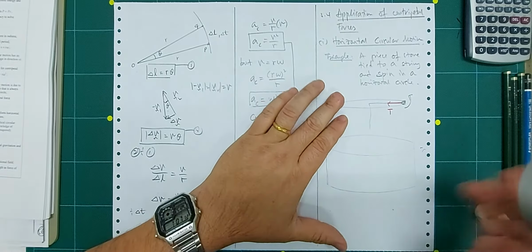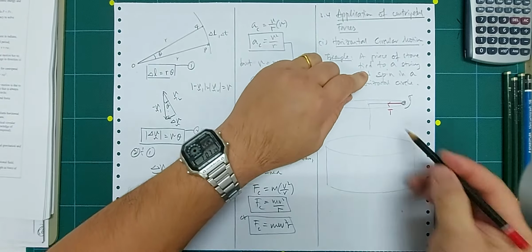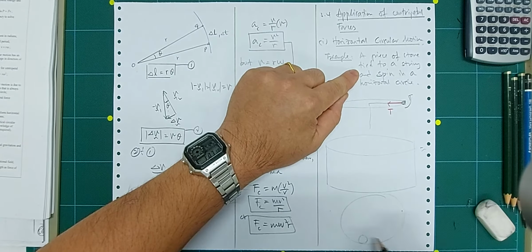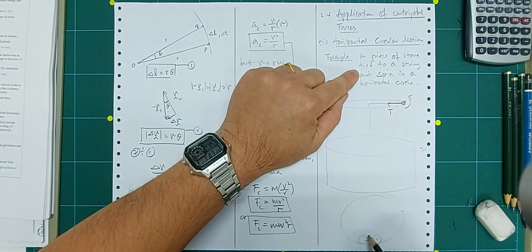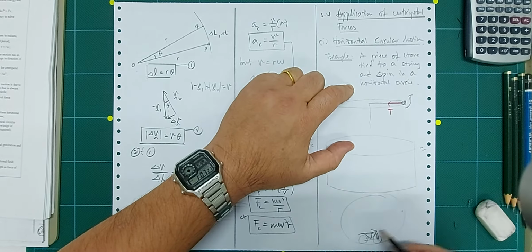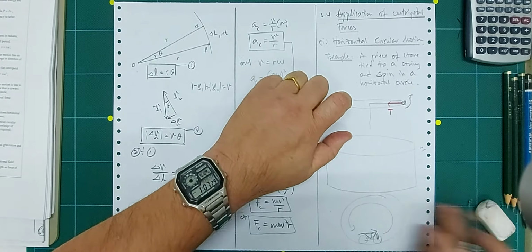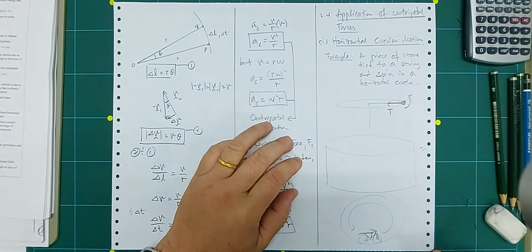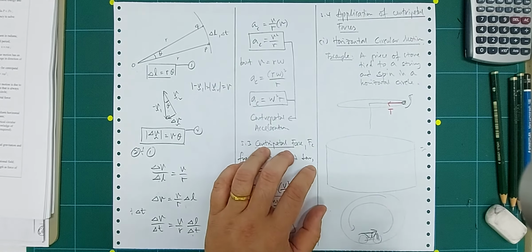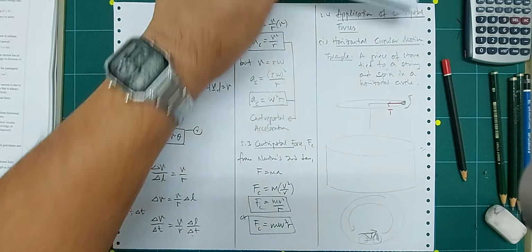How can this motorbike move in this huge cylinder? If we see from the top, this is where the motorbike is moving in a circular motion around the cylinder, and the cylinder wall is straight. So something is holding that motorbike so that it moves in a circular motion.